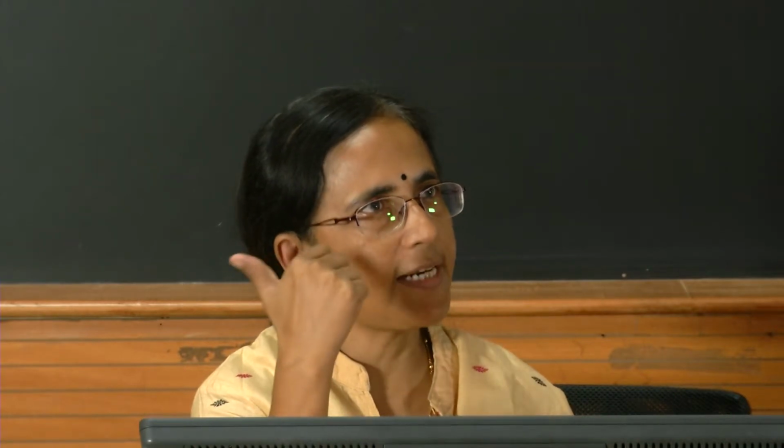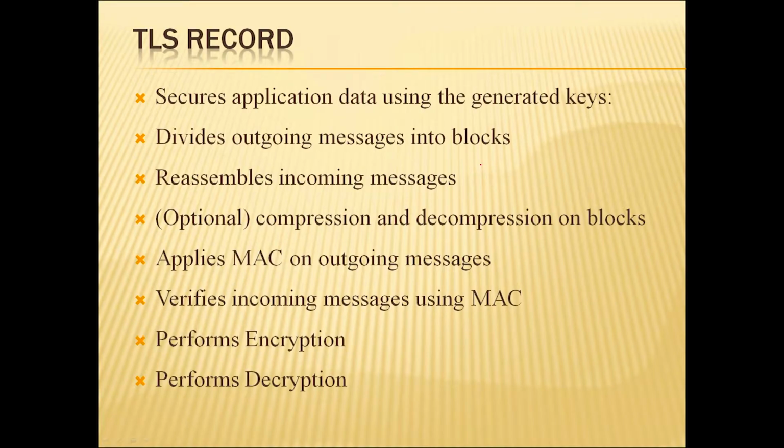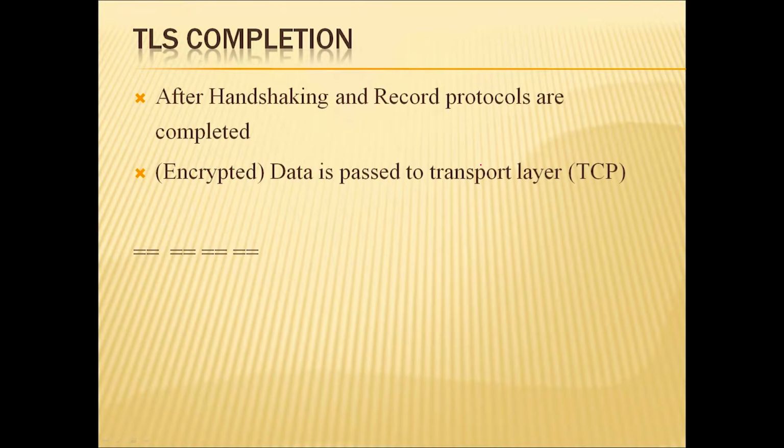So, the receiver in any case will get to know that something bad has happened. Then encryption and decryption may be performed, because we have already chosen the algorithms. After the handshaking and record protocols are completed, encrypted data is passed to the TCP layer.